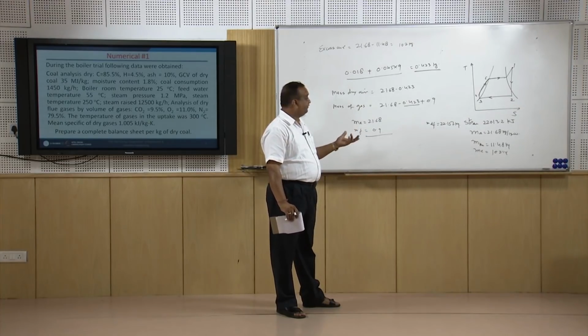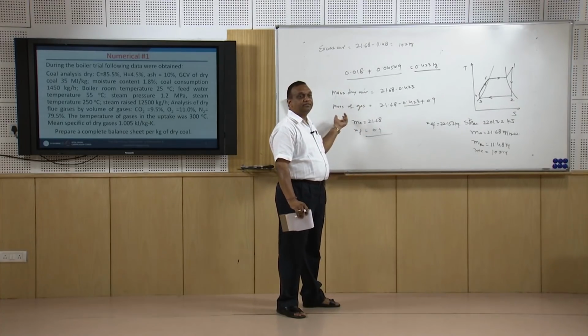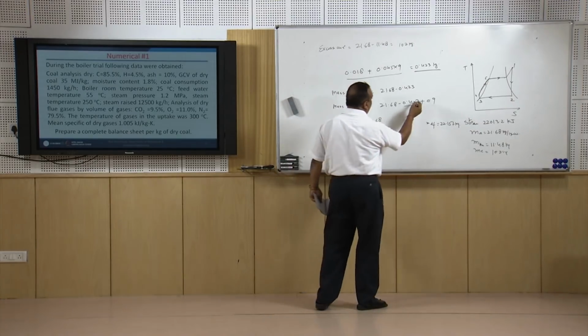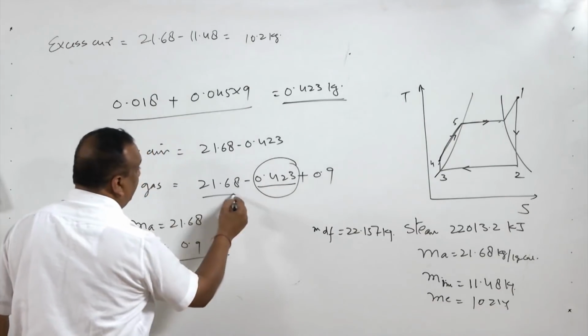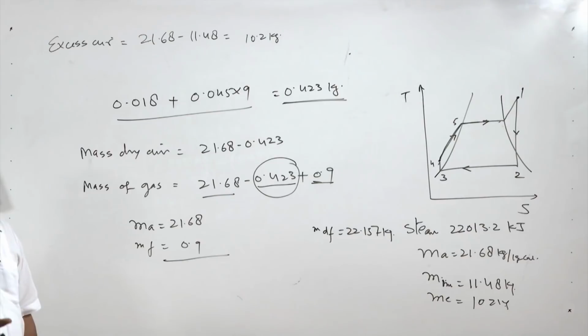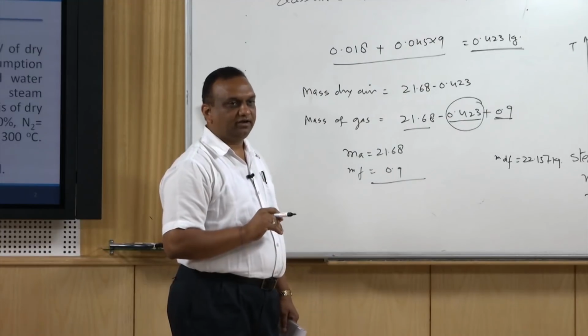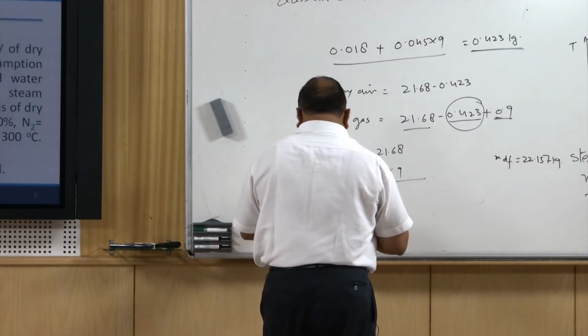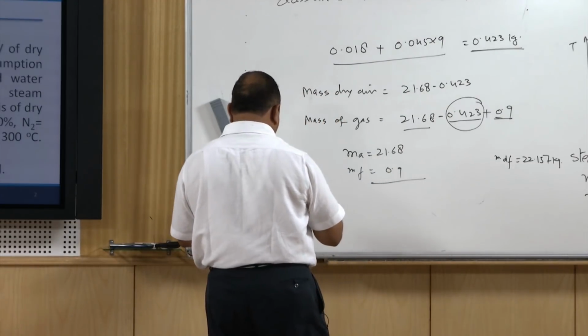Now if you want the mass of the dry flue gases, in that case we will remove this water content, and to the air we will add the mass of the fuel which is coming with the flue gases, because ash will not come with the flue gases. Ash will be settled in the grate itself, in the pit below the grate.